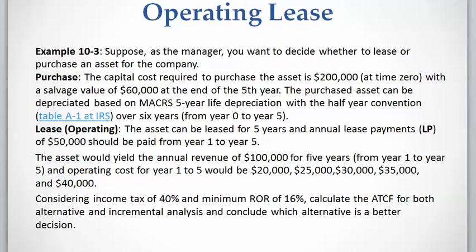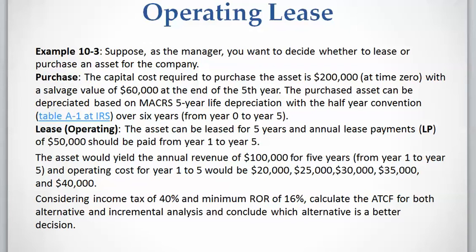The purchased asset is depreciable using the MACRS 5-year half-year convention. If you lease the asset, you need to pay the lease payments of $50,000 from year 1 to year 5. The asset is going to generate the annual revenue of $100,000 from year 1 to year 5.